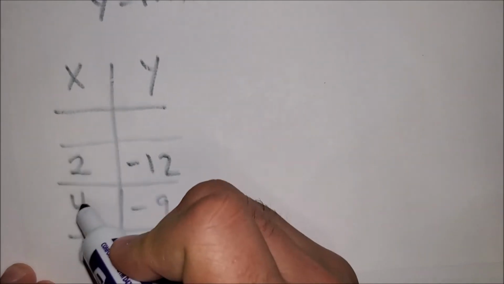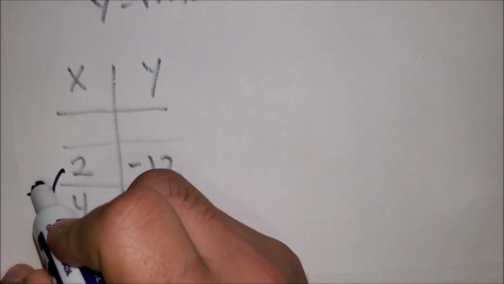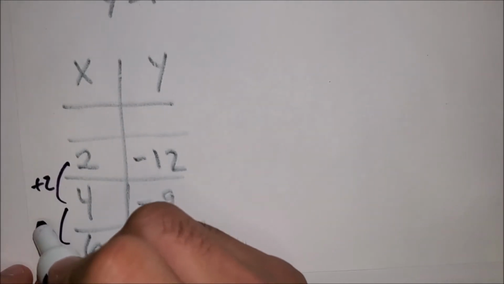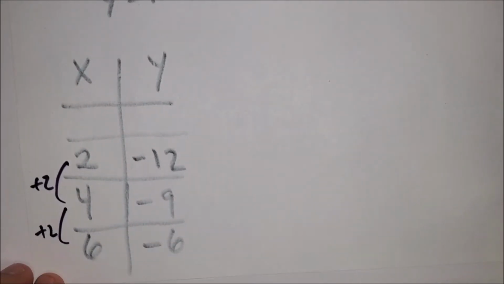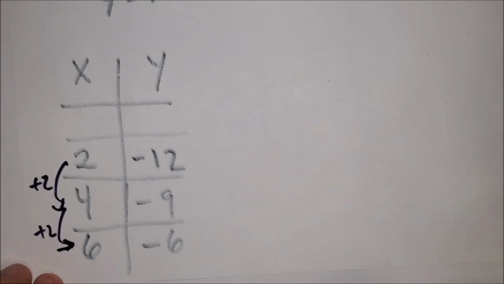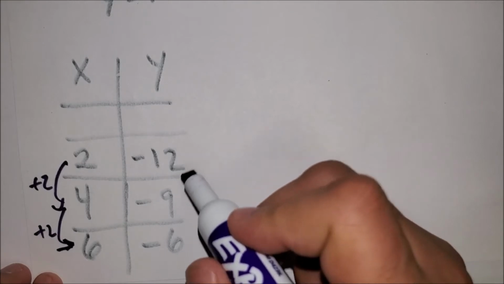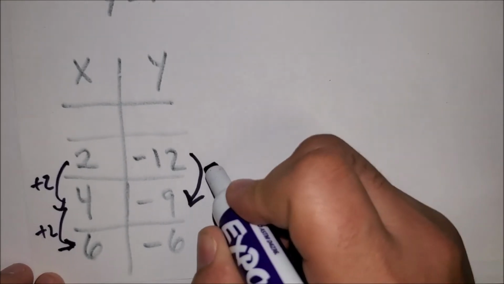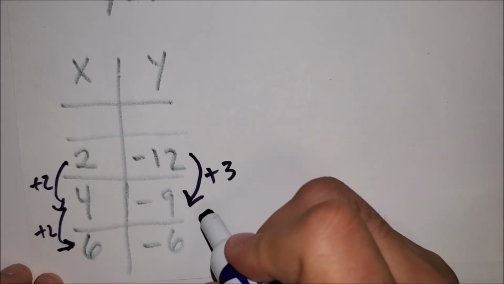So when we go from 2 to 4, this is a difference of 2. From 4 to 6, it's another difference of 2. From -12 to -9, that's a difference of 3.